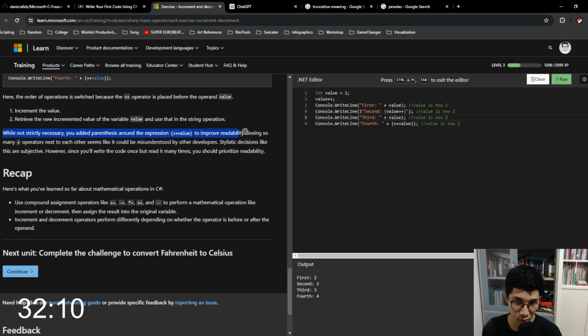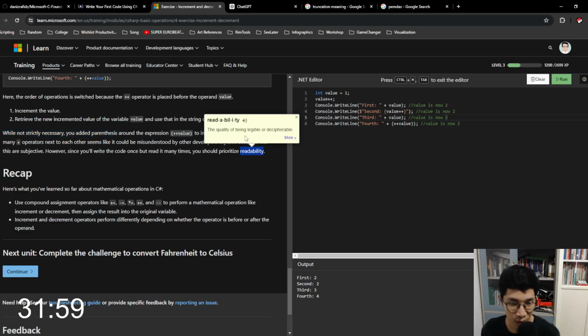Maybe in the future you want to see your code again, but since your code is not clean or the readability is very bad, you don't understand anything. That's why readability is one of the most important things in programming.